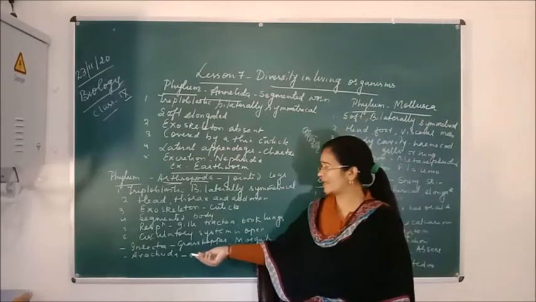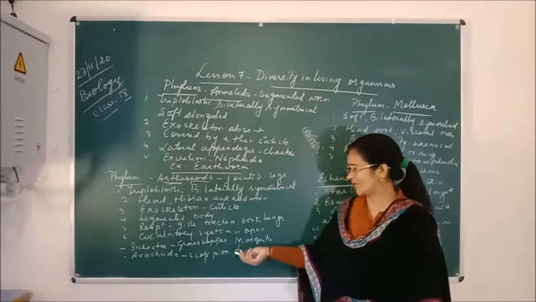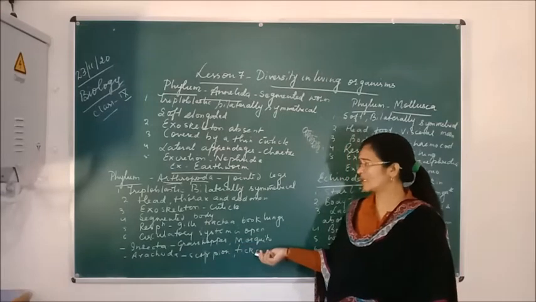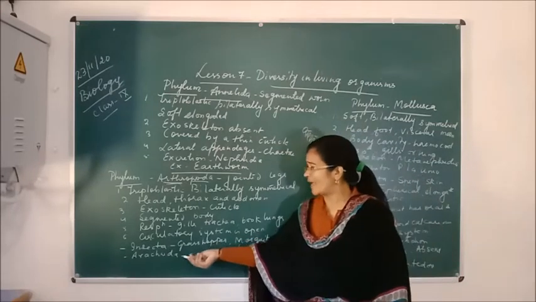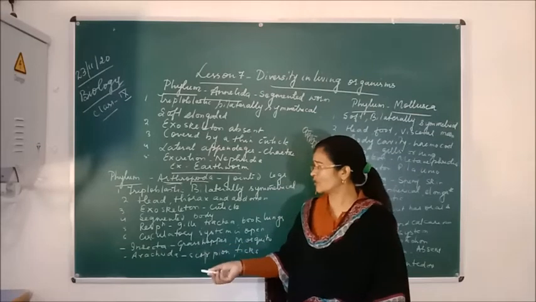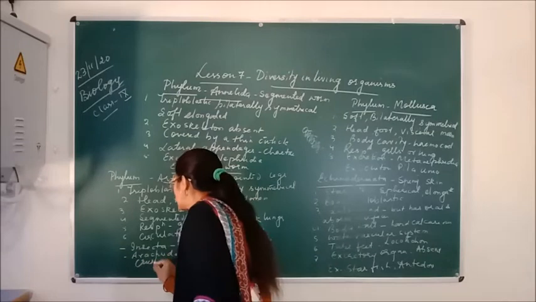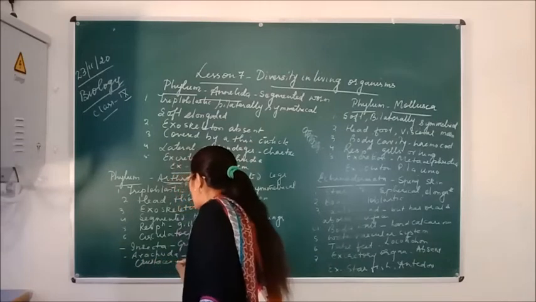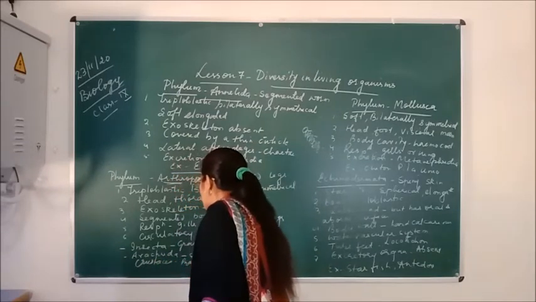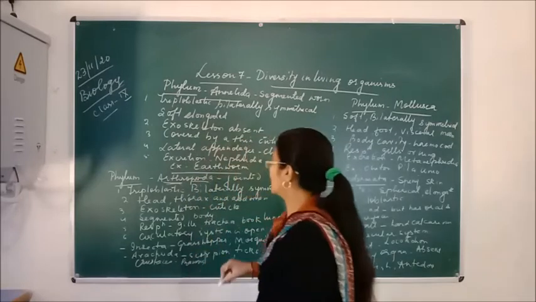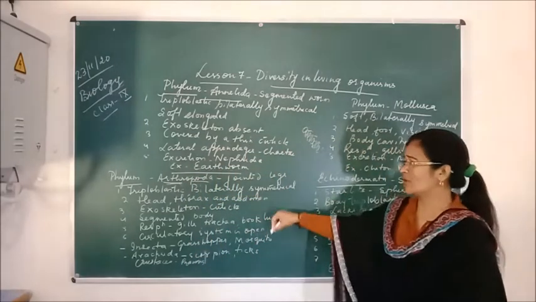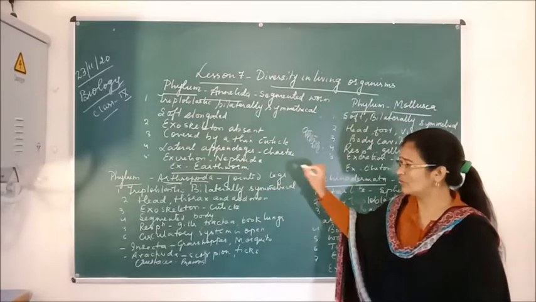And another is arachnida, all the scorpions and ticks belong to the arachnida. And the third one is the crustacea class, like prawns and all. But in total, they all belong to the phylum Arthropoda.